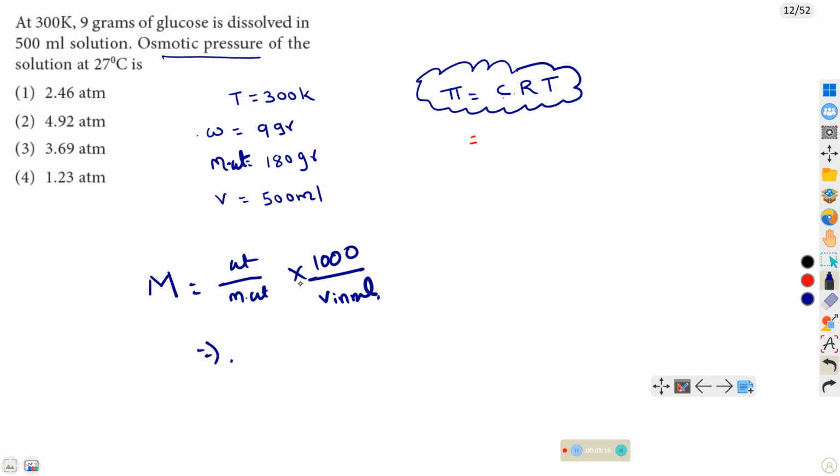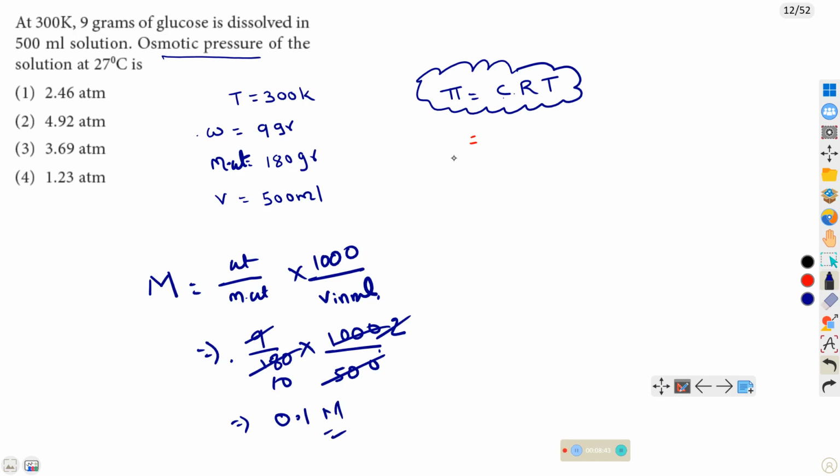That is equal to weight 9 grams, molecular weight 180 grams into 1000 by 500. Simplify. 2 times 9 2s 18, 10 times 1 by 10, 1 by 10 value is 0.1 molar.